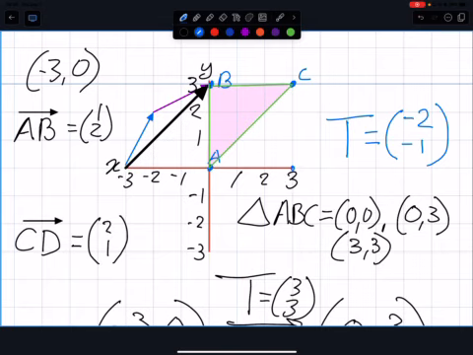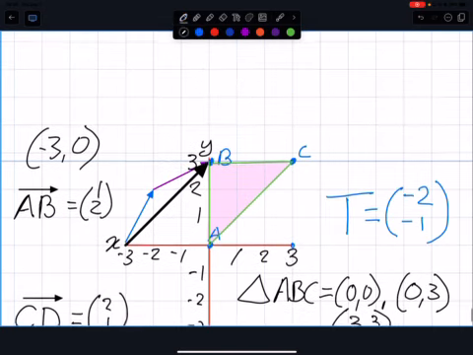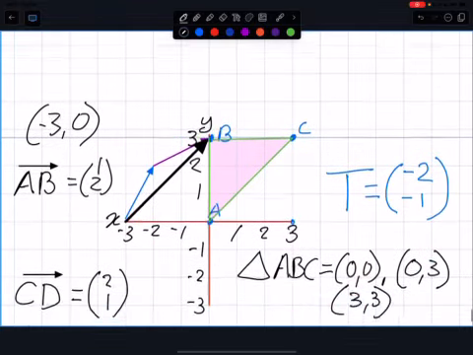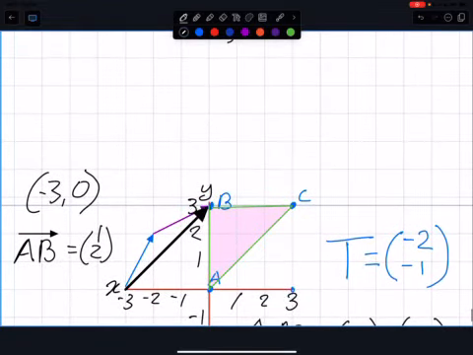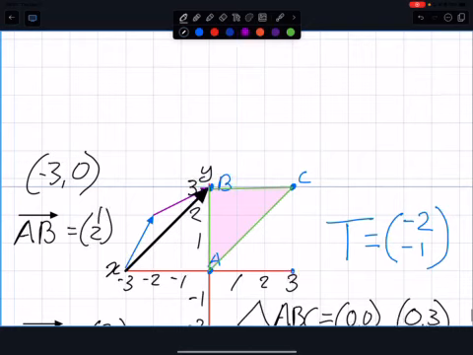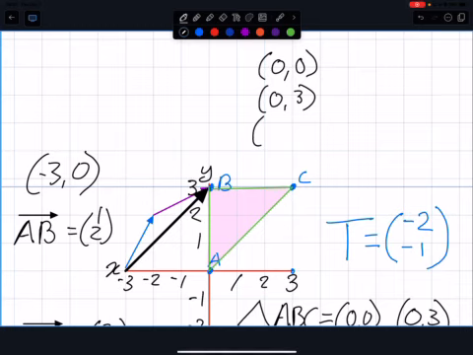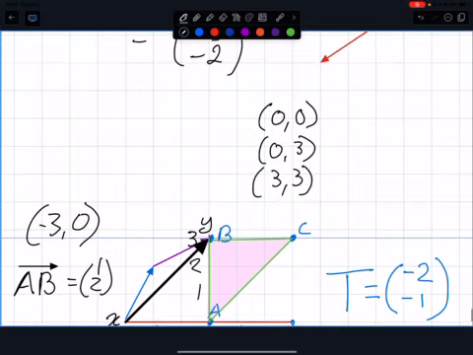So how do you go about this? You have to write all the coordinates from top to bottom. So you have 0, 0, 0, 3, and then 3, 3. What is the translation?